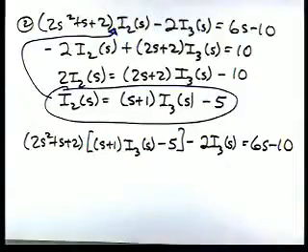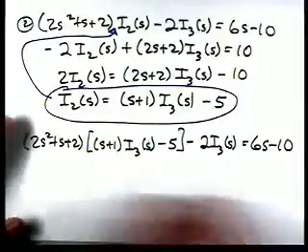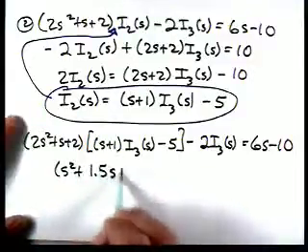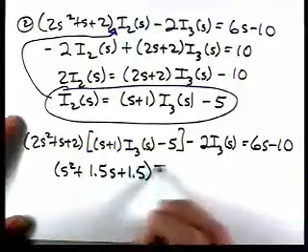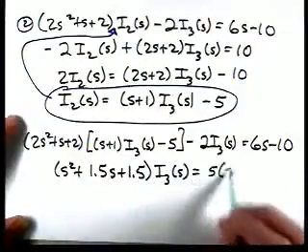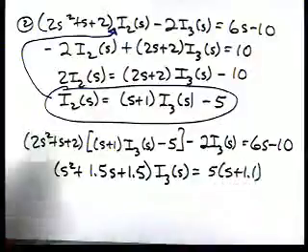Working on the algebra, we have (s squared plus 1.5s plus 1.5) times I3 is 5 times (s plus 1.1).